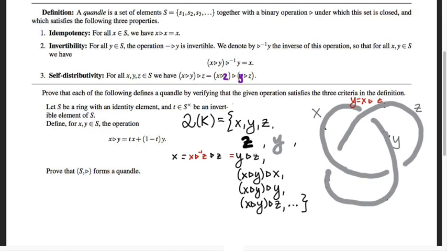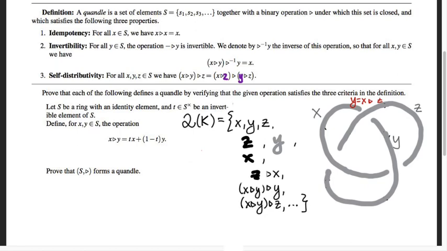Y triangle z becomes the same thing as x. Same story. So it turns out that for the trefoil at least, if we don't distinguish between positive and negative crossings, every single element of my fundamental quandle simplifies completely into one of the three arcs.